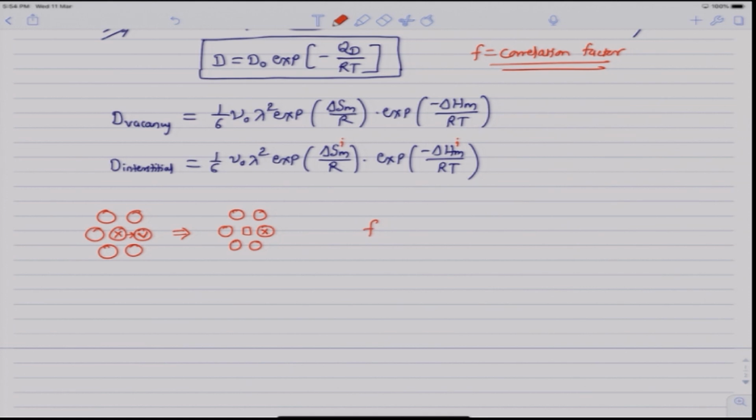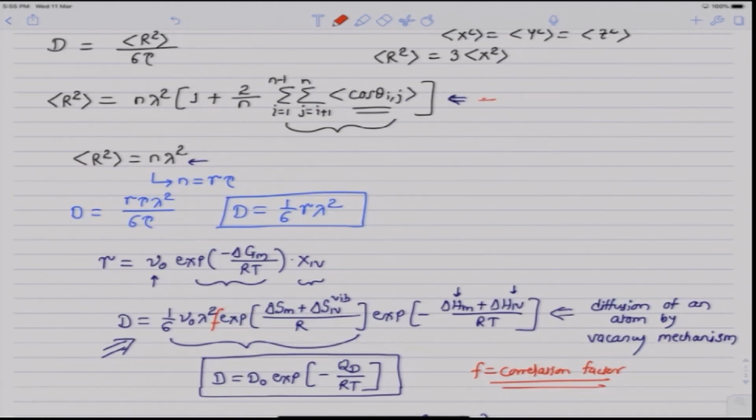If we define the correlation factor, it is defined as mean square displacement when the jumps are correlated divided by mean square displacement assuming completely random jumps. If we look into this expression for r square again, when the jumps are completely random, the average of r square is only n lambda square, and in essence this summation of average of cos theta i j gives the contribution from the correlated jumps.